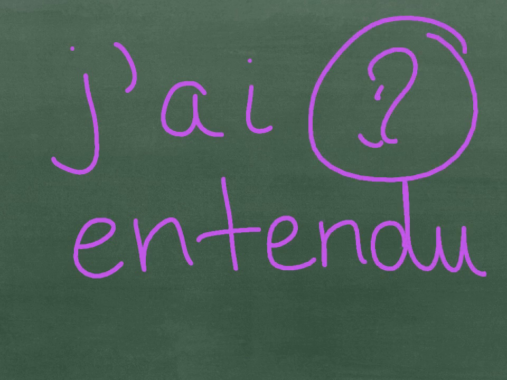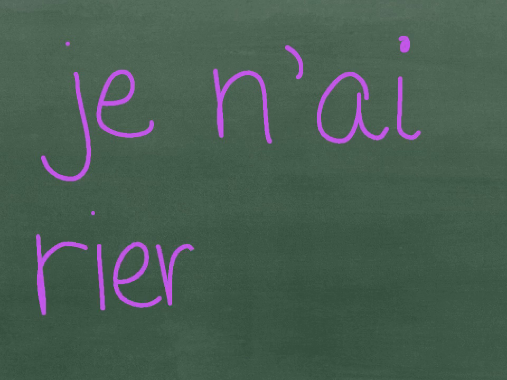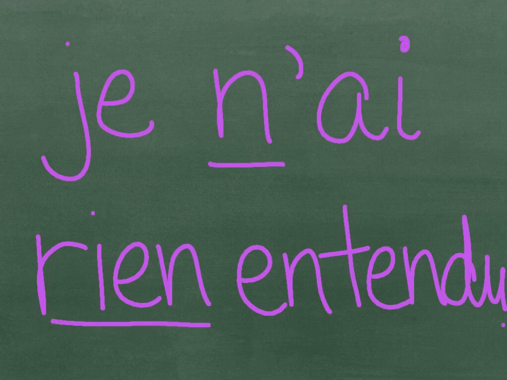There's my little ear. But in this case, I didn't hear anything. So we start with je, an apostrophe, our form of avoir, rien, and then entendu. Je n'ai rien entendu. And the ne rien sandwiches the form of avoir.